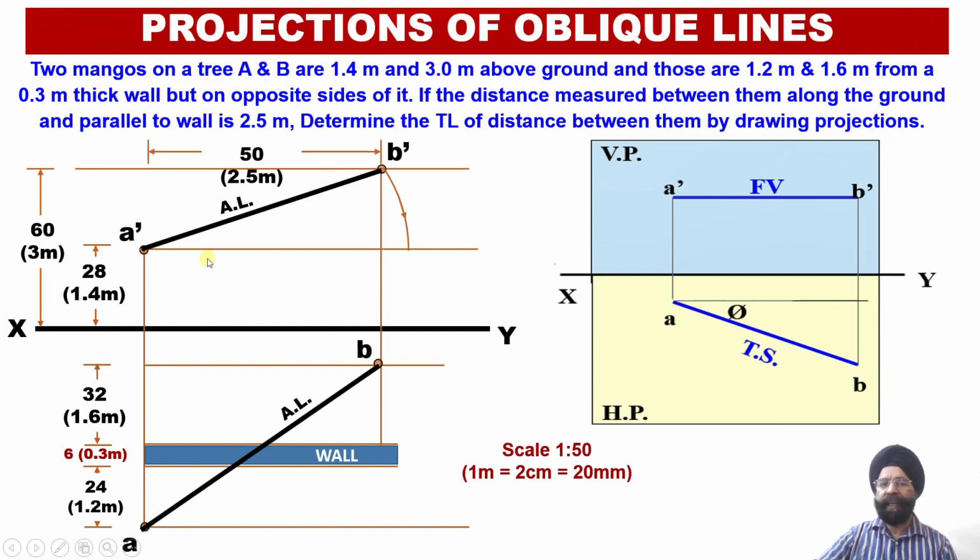So how can this be done? A dash will be our needle point or the locus point, and we are going to open the compass equal to the radius A dash B dash. So with the needle at A dash, we are going to rotate this line in such a way that this projection line becomes parallel to the horizontal plane.